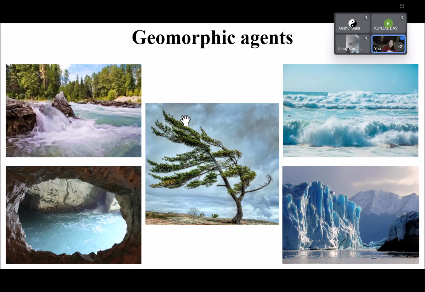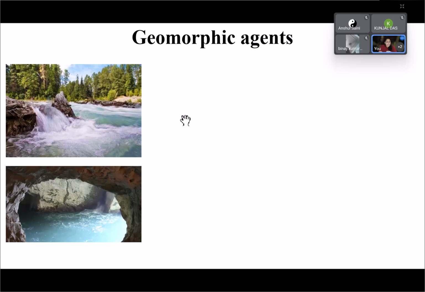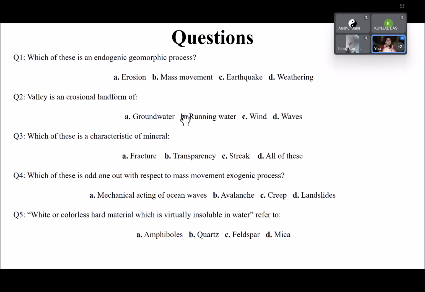So when you are looking into these different landforms, in questions it will become apparent that all these different agents have their own depositional and erosional landforms. So that is something you can look into. But broadly remember that there are these 5 agents and these different kinds of forms.